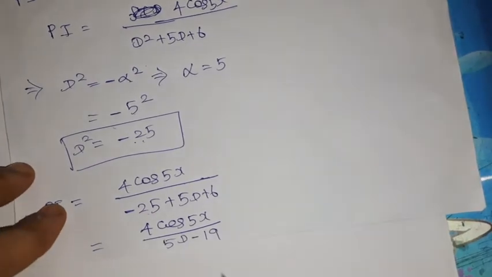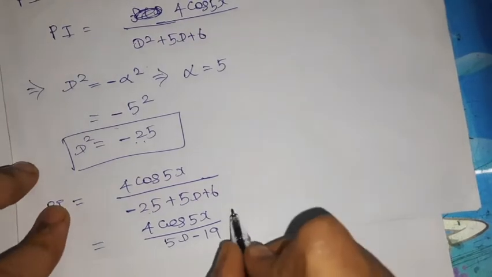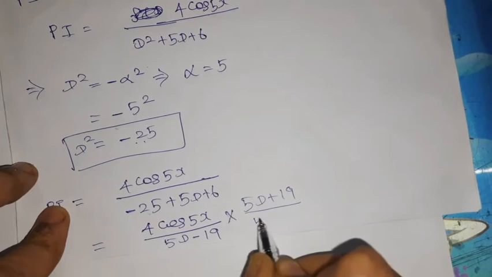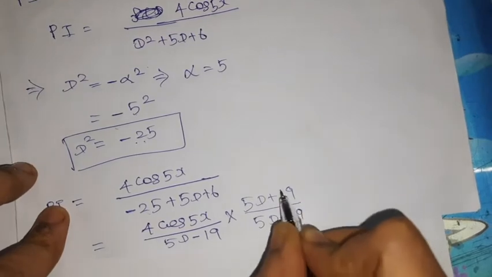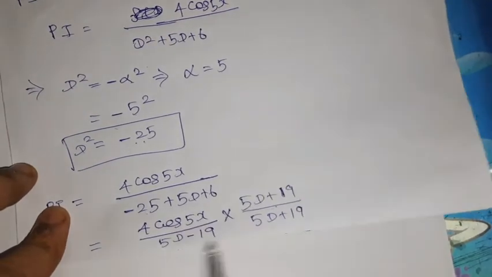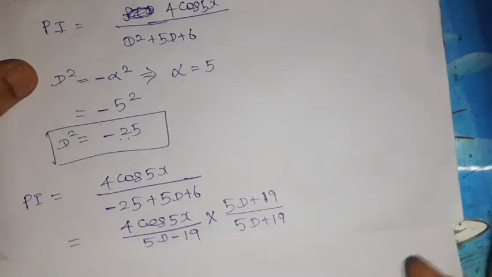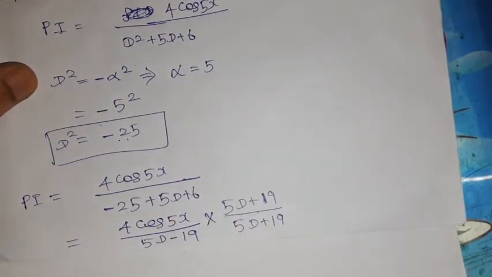Then what is the next step? We simplify by multiplying by 5d plus 19 on both numerator and denominator, so that the value will not change.